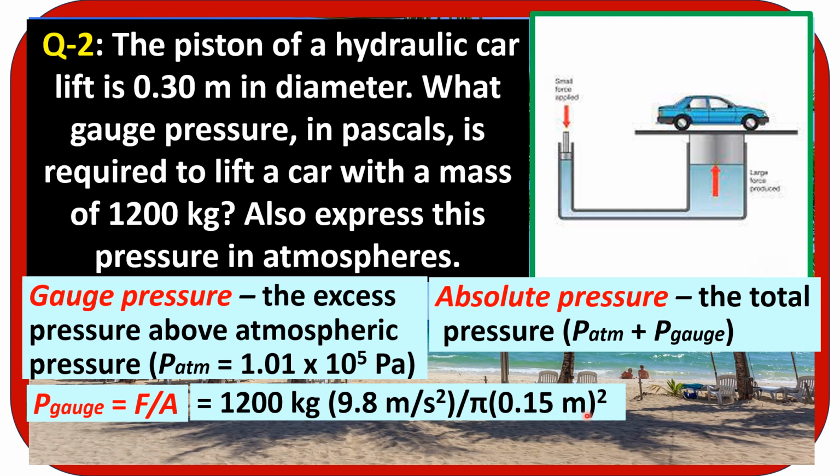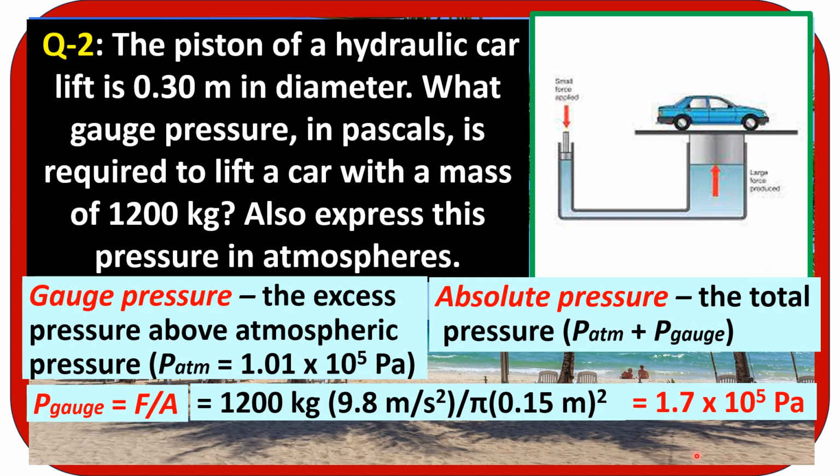That becomes the divisor for our equation here. Again, doing our math, we will get the gauge pressure equal to 1.7 times 10 to the fifth power Pascal, which is converted to the unit atmosphere.